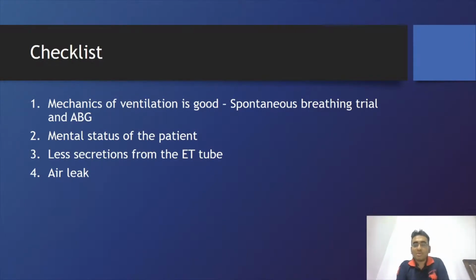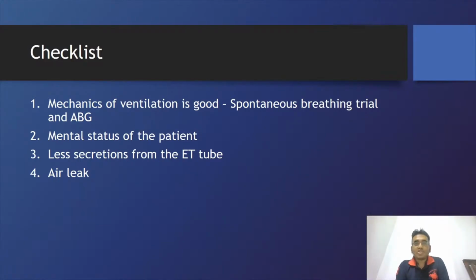As we mentioned, when you keep the pressure support at the minimal or physiological level for a few hours, and after a few hours you check the ABGs and they come out very satisfactory, then that's a positive spontaneous breathing trial. That means the mechanics of ventilation is good. Then you need to ensure the mental status of the patient. That is very important.